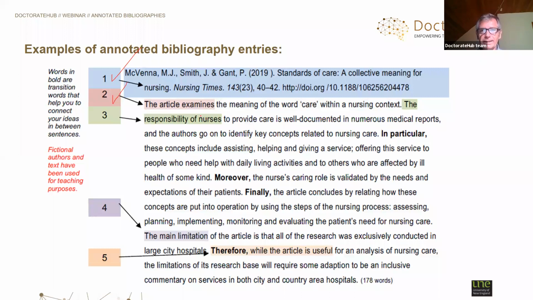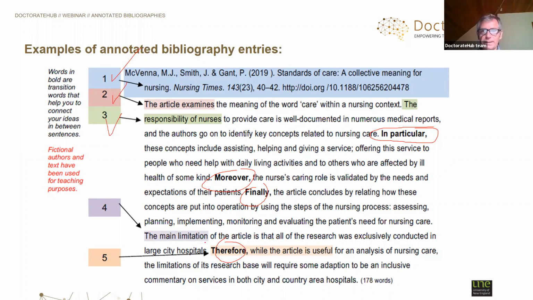And now, once again, those transition words or starters in particular, moreover, finally, therefore, and things like that. Even if you read just those starting words, you will understand how your annotation is flowing in a way. Okay, so that was the idea.